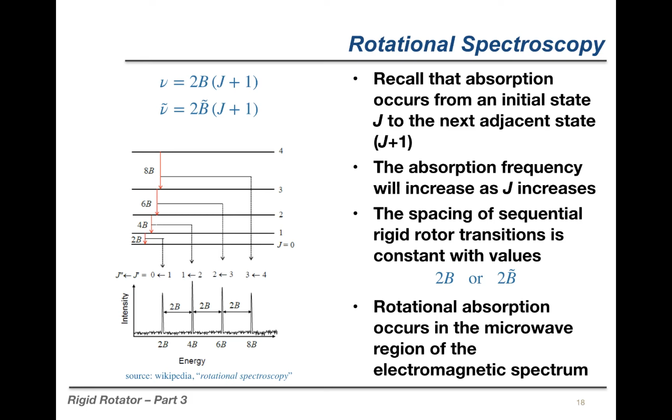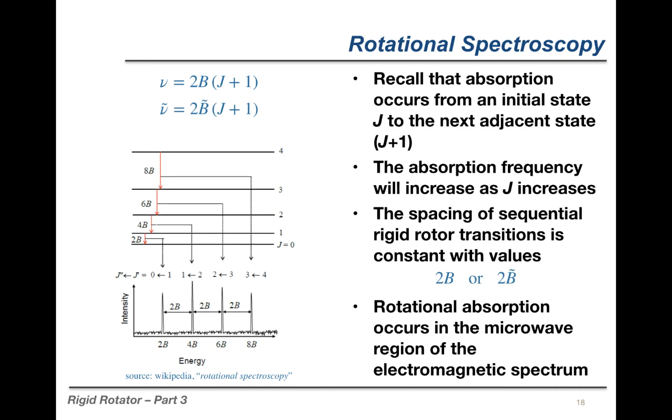That doesn't mean that it takes the same amount of energy to move from state 1 to 2, or from 3 to 4. All that it says is that the energy required to go from state 0 to 1 is 2B energy units less than what's required to go from 1 to 2, which also happens to be 2B units of energy less than going from state 2 to 3, and so on.